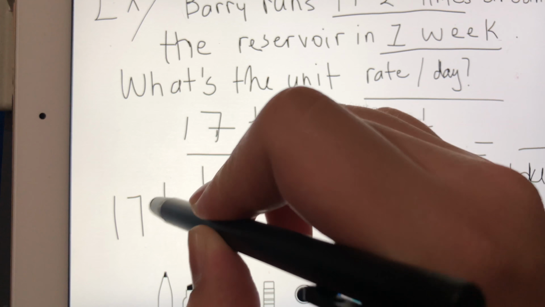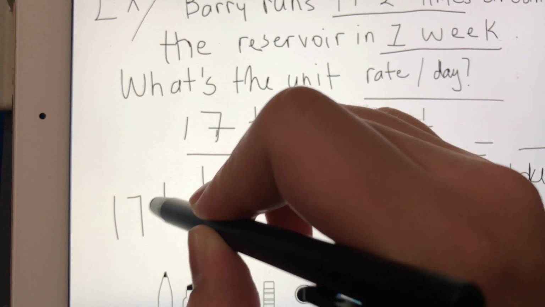And 35 over 2 divided by 7 is also multiplying by 1 over 7. That's going to be equal to 35 over 14. That would be our answer. So in one day, he runs 35 over 14, which I think is about 3.